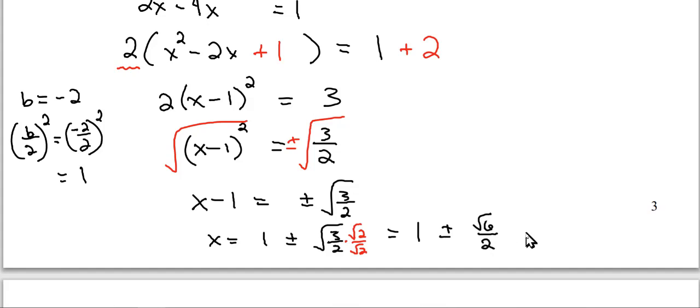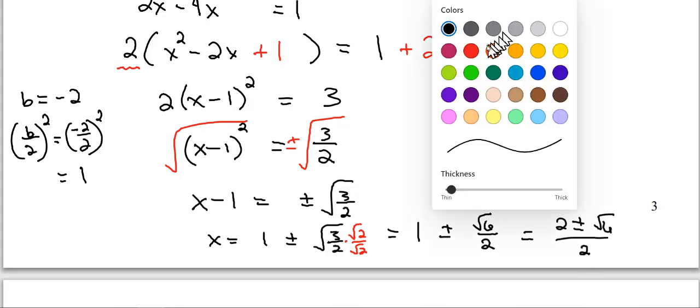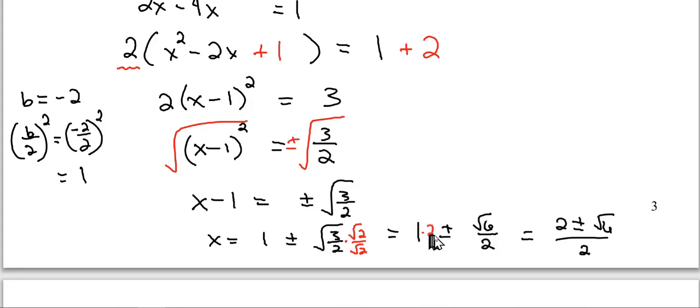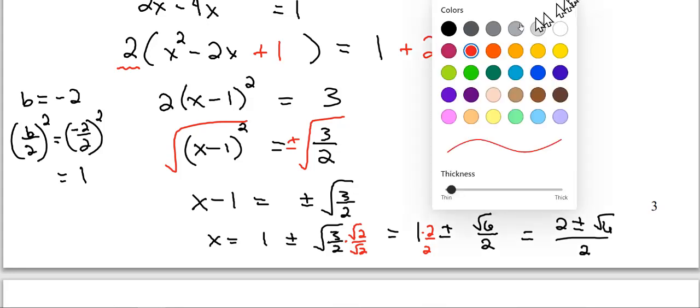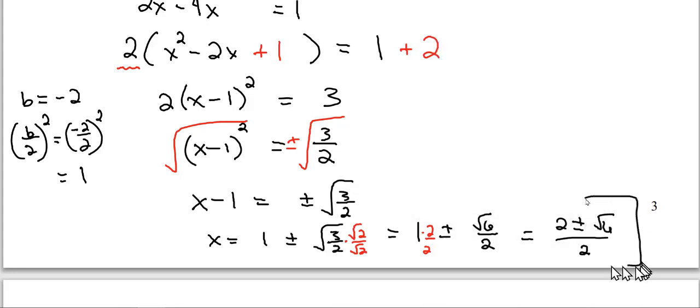More commonly, this would be seen with a common denominator. So we would write it as 2 plus or minus the square root of 6 over 2. In essence, just multiplying this by 2 over 2 to get the same denominator as I have on that radical. So that would be your 2 solutions to this equation.